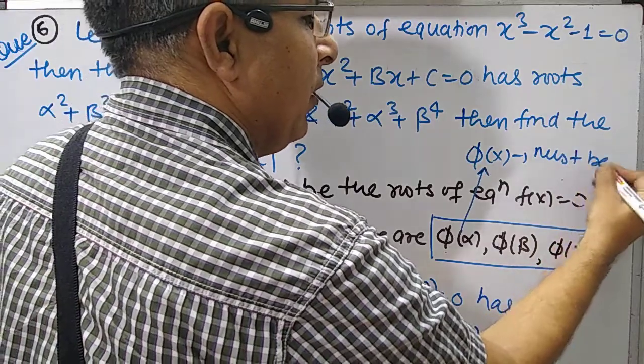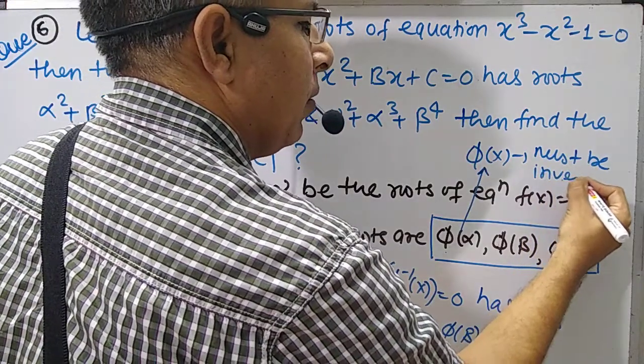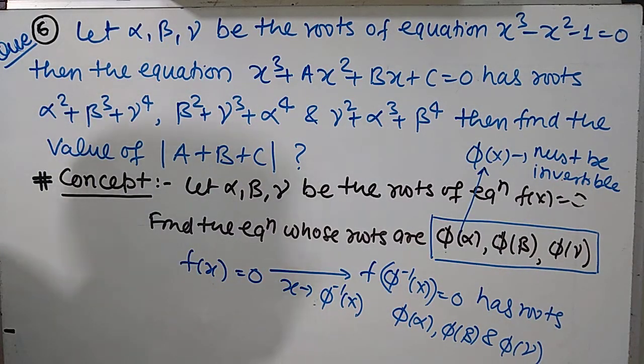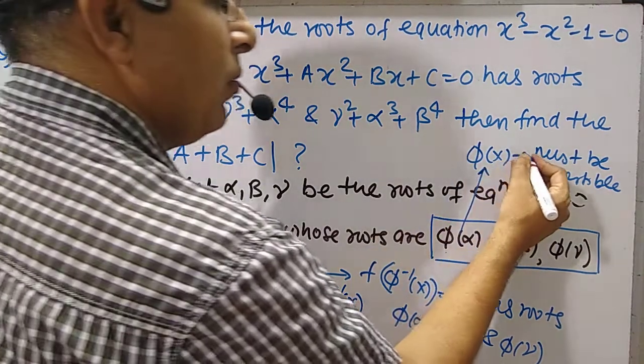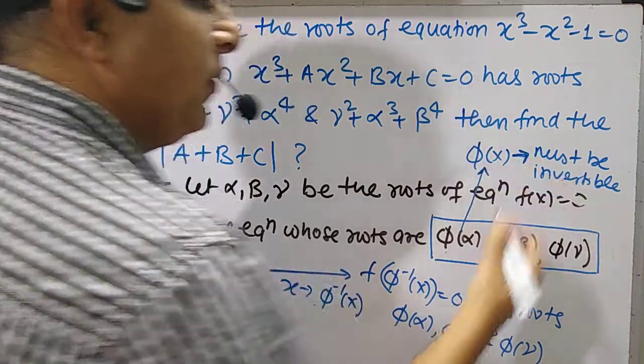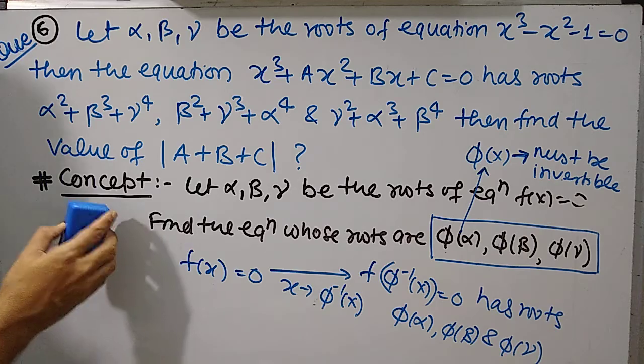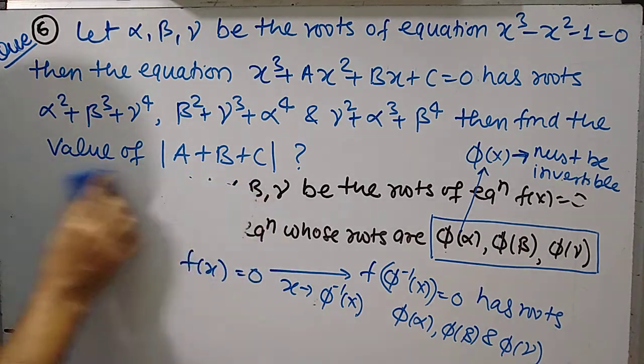So you know the basic condition for an invertible function: the function phi x should be 1 to 1 and onto. Alright. So now we'll use the same concept.